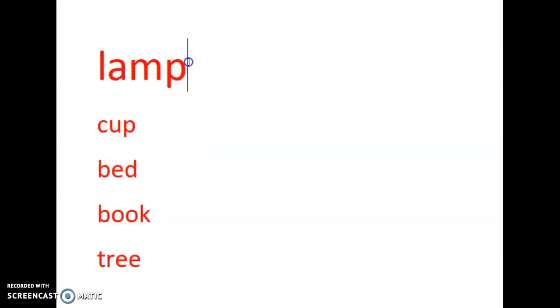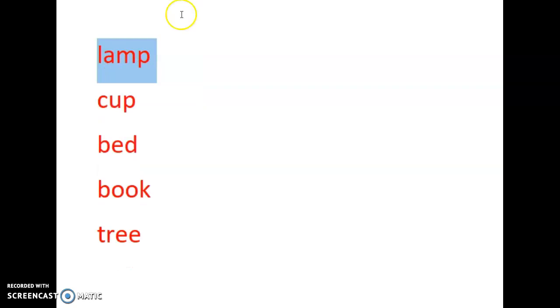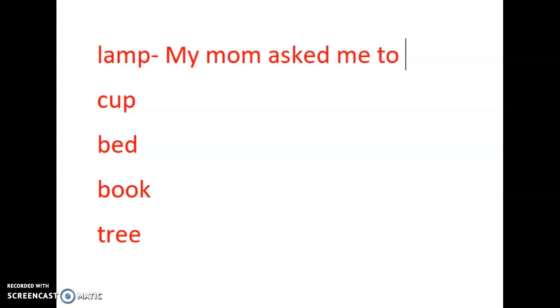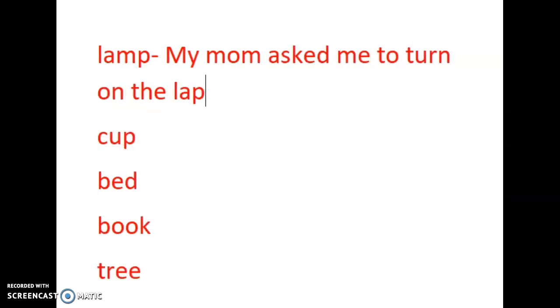All right, so I'm going to make these a little bit smaller so they will all fit. There we go. Now I want us to think of a sentence using each of those words. So my sentence for lamp says, my mom asked me to turn on the lamp.